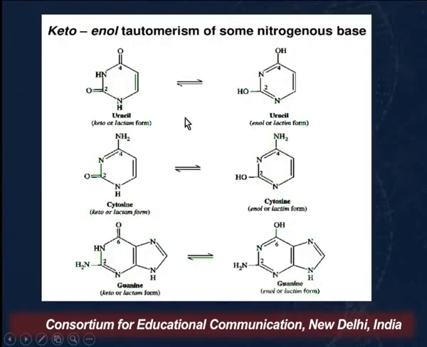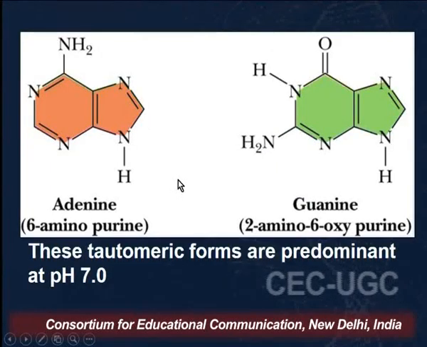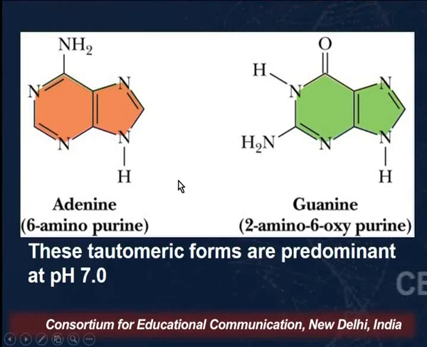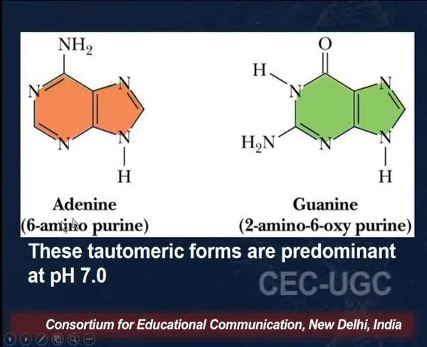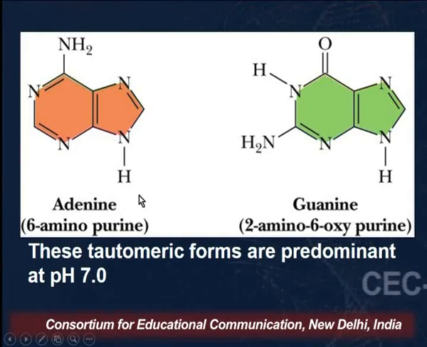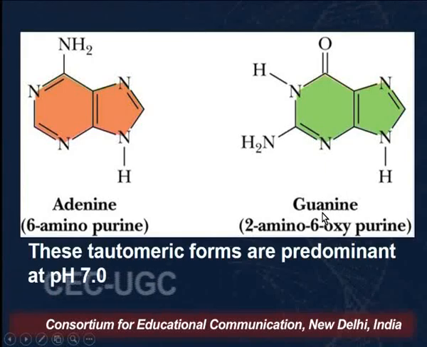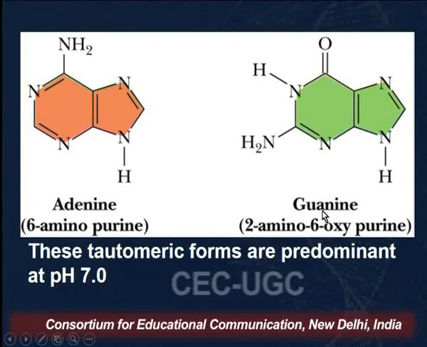On your screens again I have shown you the tautomerism shown by different purines and pyrimidines. But what you have to remember is that at pH 7 it is the keto form which is more predominant. So when we talk of adenine and guanine, they are also present in their keto forms.